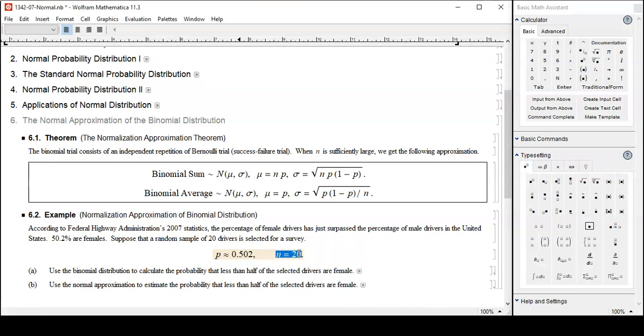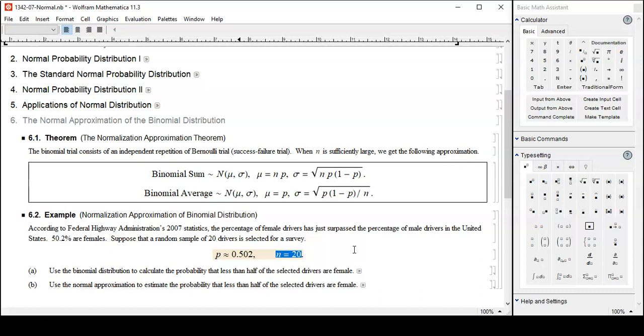I'm a little bit uneasy about this one because the number of repetition is too low. I think the bare bone minimum should be 100 or more. In real life situation, most of the time people use 1,000 or more. But 20, that's too small, so the approximation may not turn out to be very well. But in any case, let's begin.